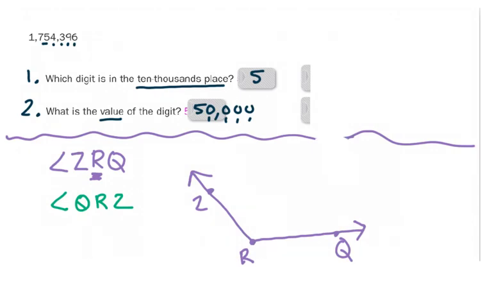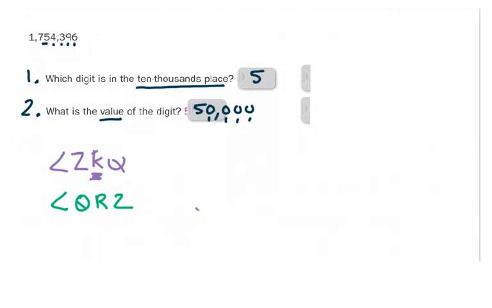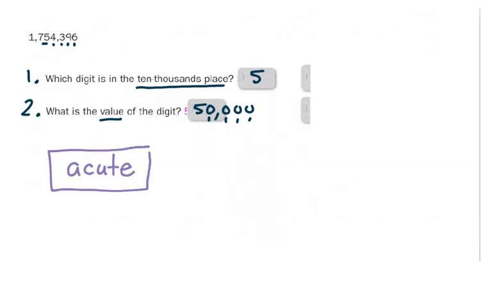Go ahead and erase. I would like you to draw an acute angle. Please draw an acute angle. An acute angle is an angle that is less than 90 degrees. Now I'd like you to go ahead and draw an obtuse angle.